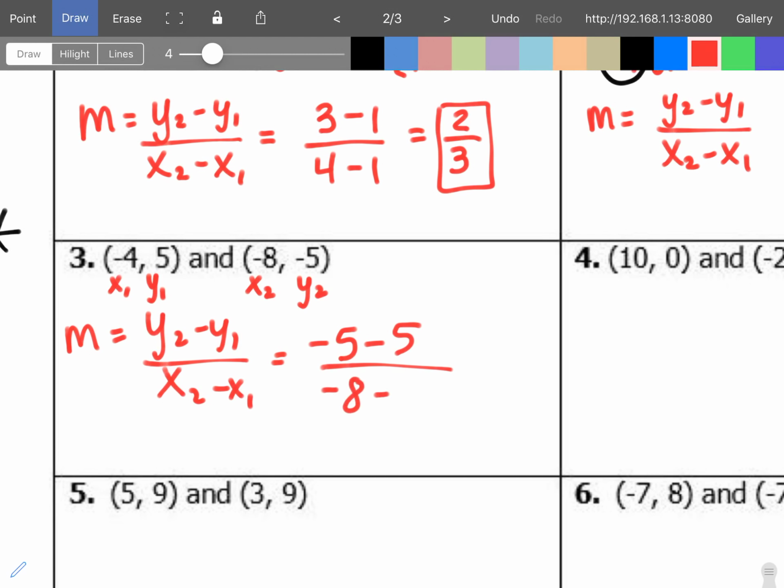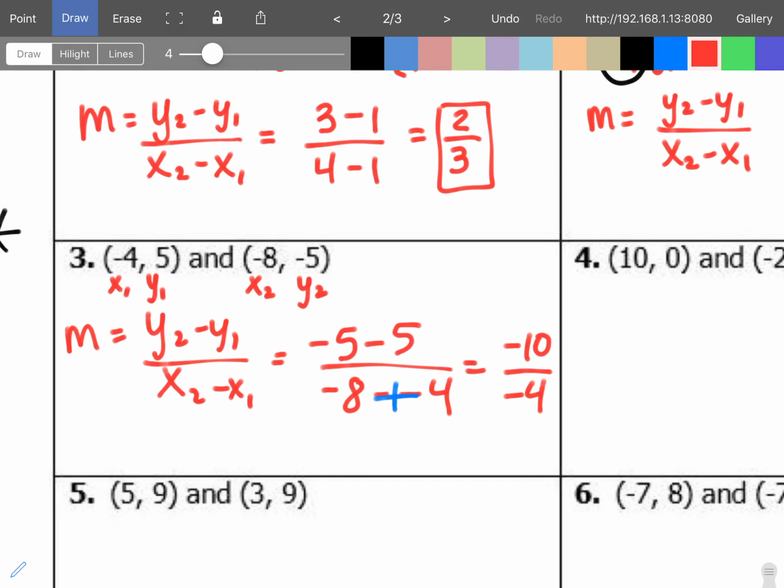x2 minus, here we go again, minus x1. x1 is a negative, so it's minus negative 4. So negative 10. Remember, negative 5 minus 5 is not 0. It's negative 10. Okay, now this whole thing turns into a plus. Negative 8 plus 4. Two different signs, you subtract and keep the sign of the bigger.